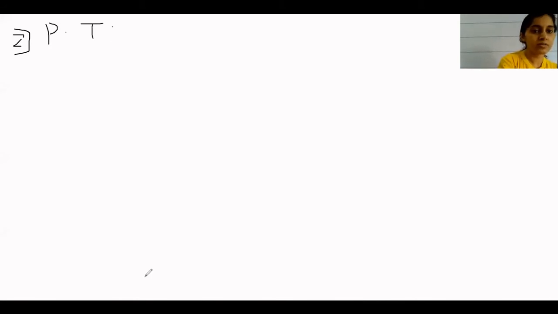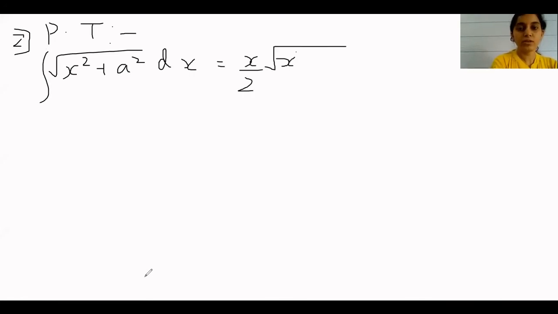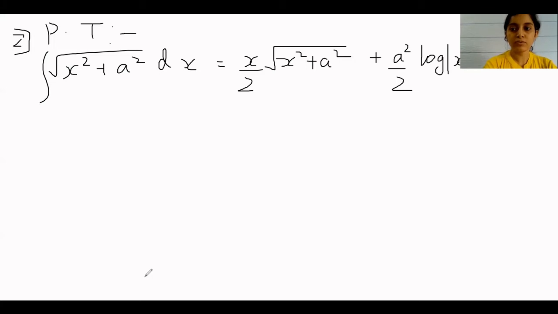Prove that the integral of root of x square plus a square dx is equal to x upon 2 root of x square plus a square, plus a square upon 2 log of x plus root of x square plus a square, plus c. This is what we have to prove.